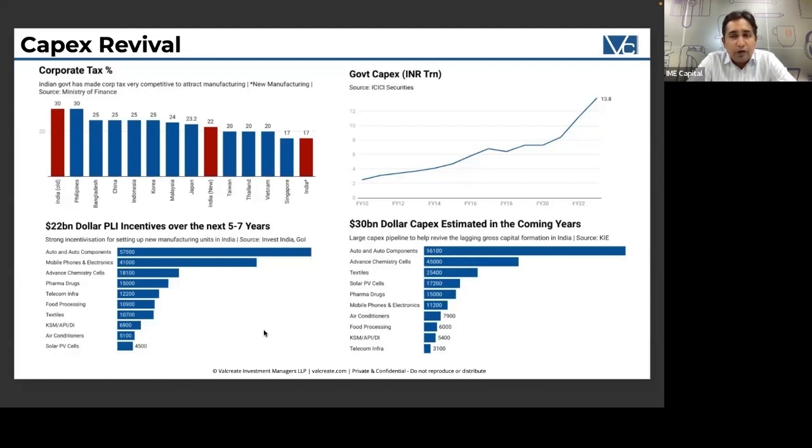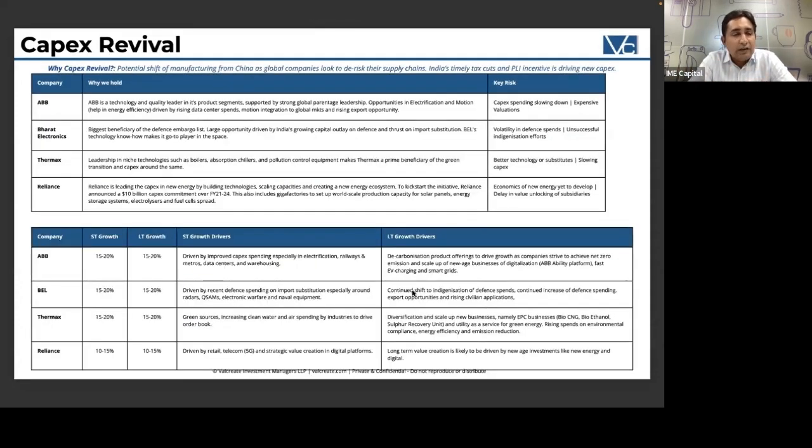This, combined with a very clear thrust by the government towards trying to revive the entire capital goods sector and manufacturing, the sheer pace of increase in government capex, and very attractive PLI incentives, has really led to a very attractive pipeline of capital expenditure that is expected to come in over the coming years. So this is a theme that we're playing through the likes of ABB, Bharat Electronics, Thermax, and Reliance.